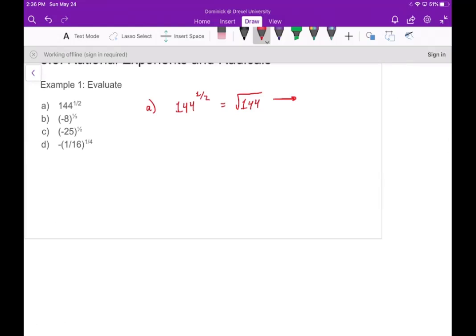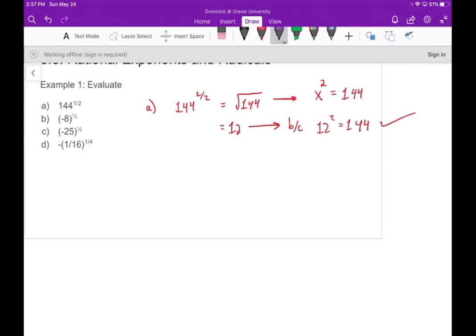We're looking for a number x such that if I multiply it by itself, or square it, I'm going to get 144. You probably recognize that this is 12. The real reason 12 works is because 12 times 12, or 12 squared, is 144.